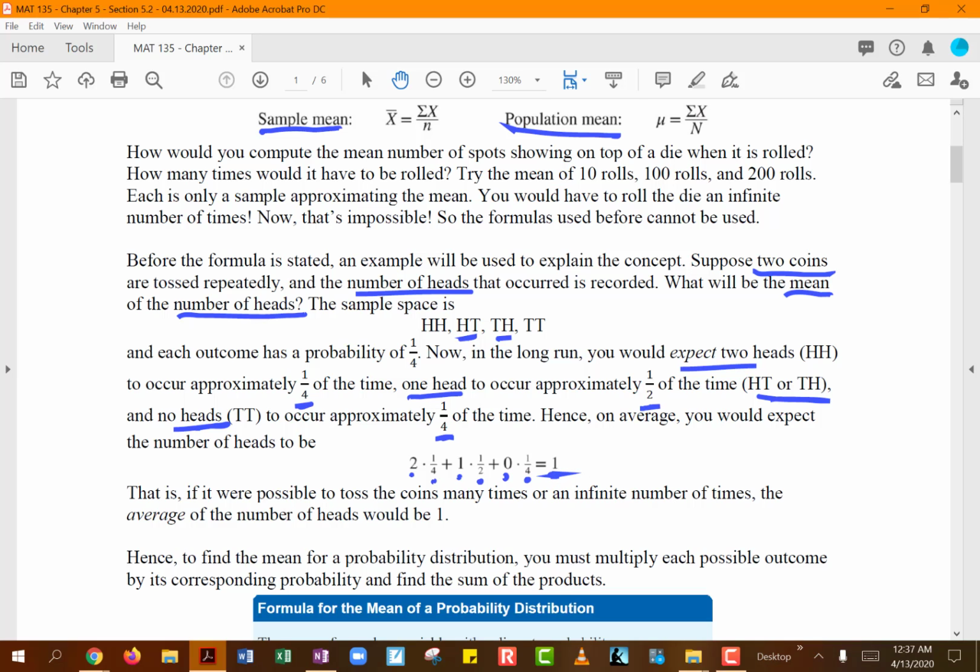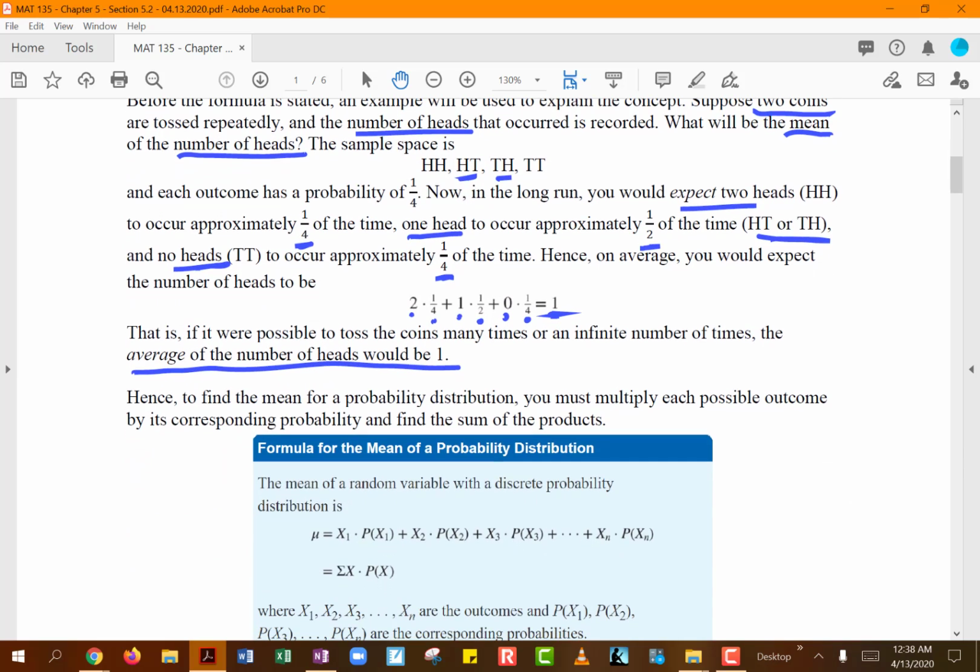So we are saying, on average, if you were to toss 2 coins as many times as you can, or basically an infinite number of times, your average number of heads would be 1. So the more you toss these coins, the average you would get on both your coins is that one of them would be a head.